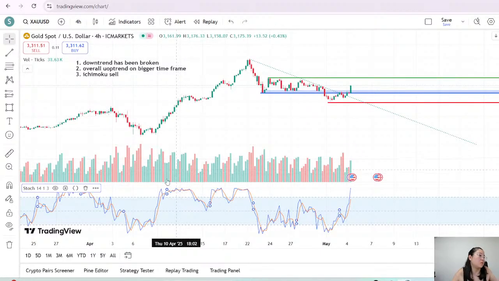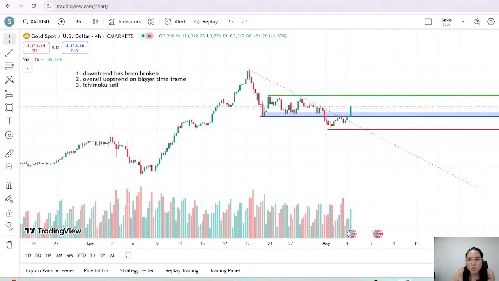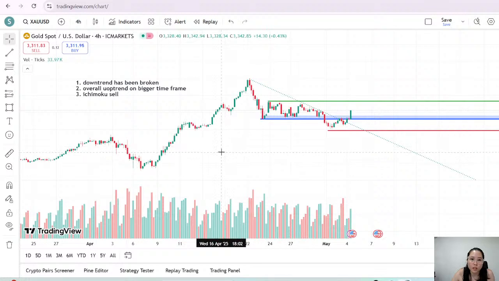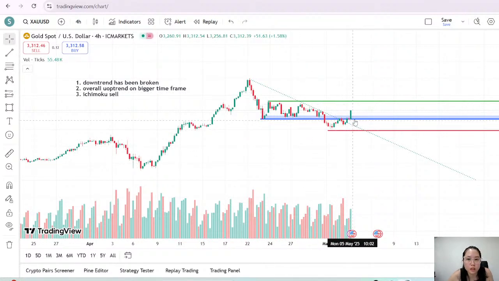So for stochastics, it's kind of showing that it's on an uptrend. You know what, guys? I actually think that gold is on an uptrend. I just don't see a very good entry right now.